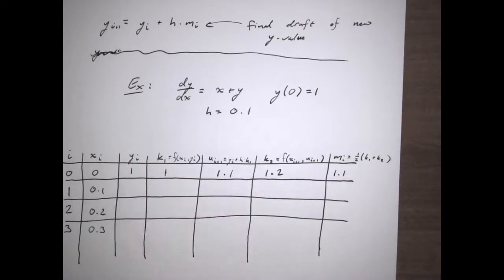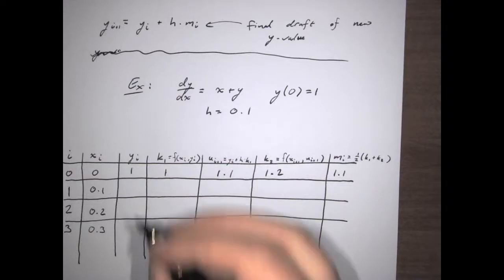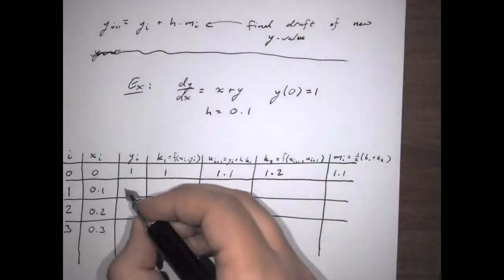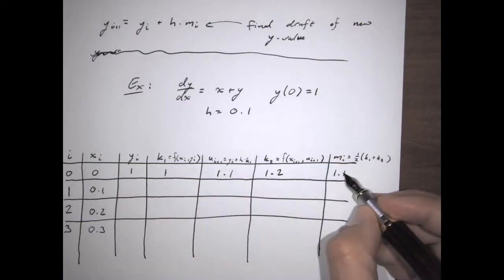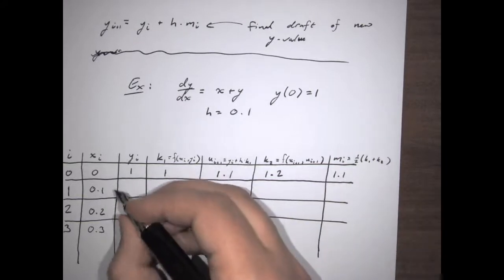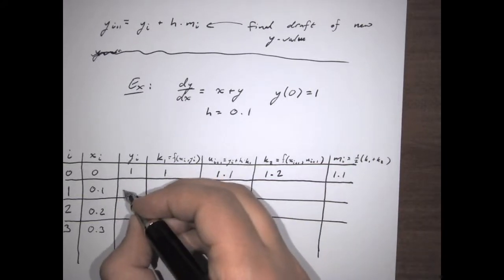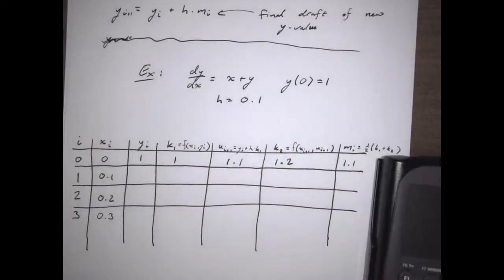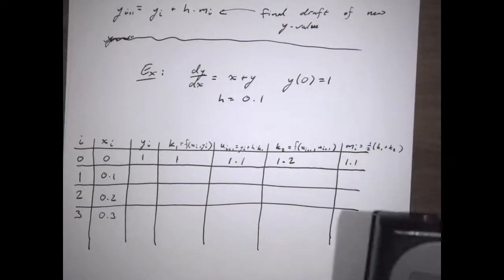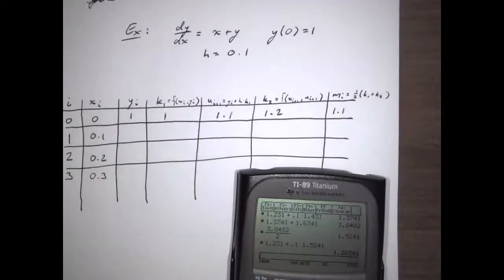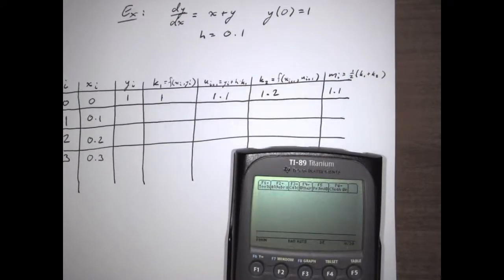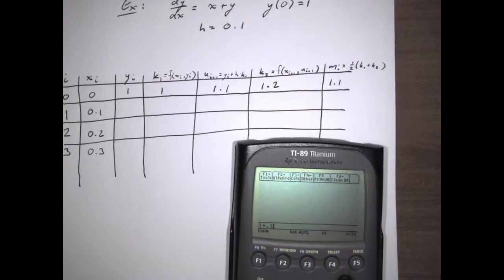And then finally here, we're able to get the new y using this formula right here. So this is going to be the previous y value, which is 1, plus 0.1 times this, which is going to be equal to 1 plus 0.1, and here it's not too hard, but I don't want to mess anything up, so I just want to be nice and careful, 1 plus 0.1 times 1.1.